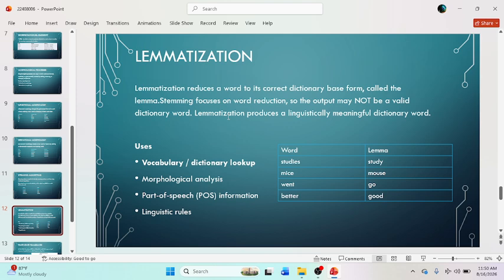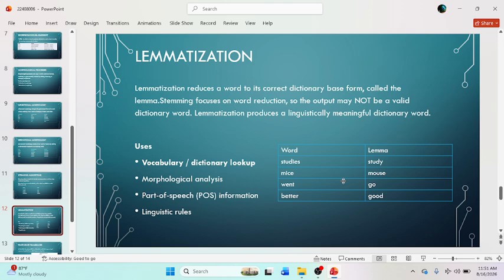Here are examples. Studies becomes study, mice becomes mouse, went becomes go, better becomes good. Unlike stemming, lemmatization tries to produce a meaningful word. So the difference is stemming cuts the word down, lemmatization finds the correct base form.